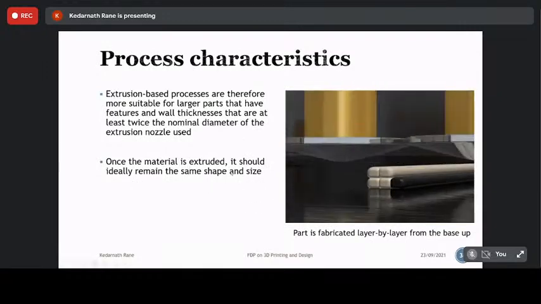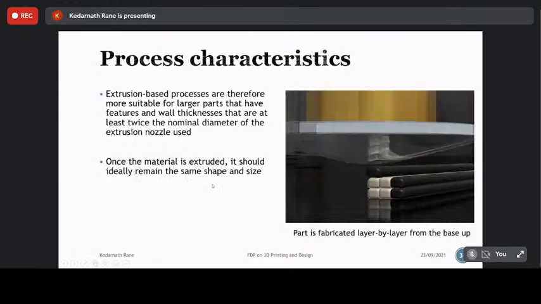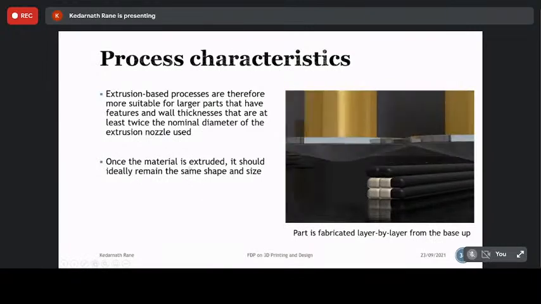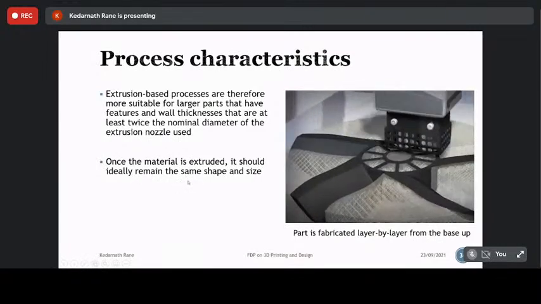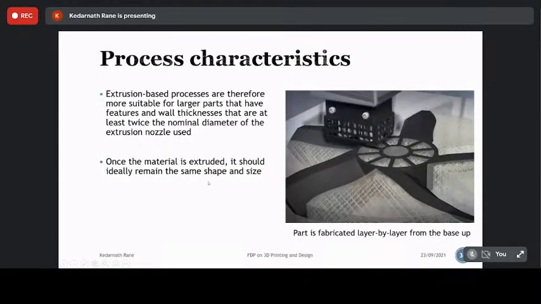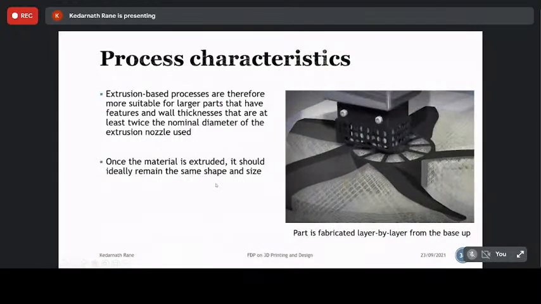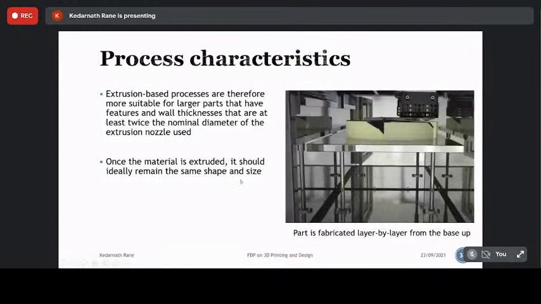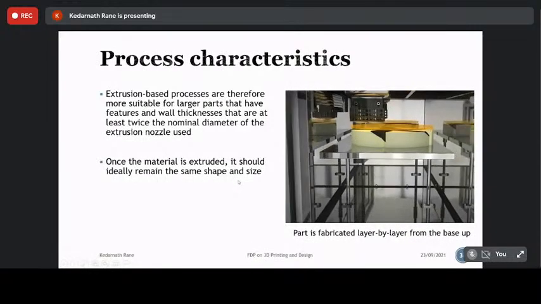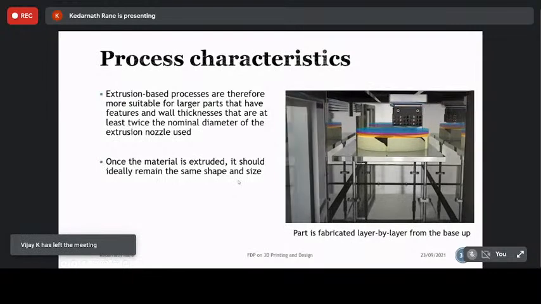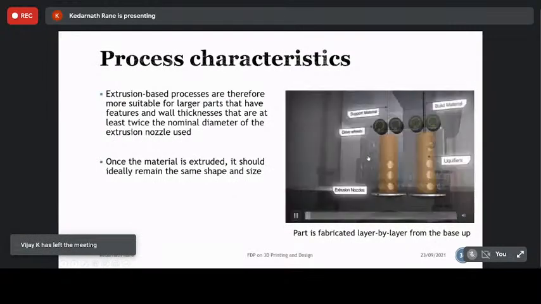Again, the stability of the material and the cooling rate is another aspect you should be aware of. The material should remain solidified, and it should not have any warpage issues after deposition of further layers, because heat is coming from the newly deposited layer.